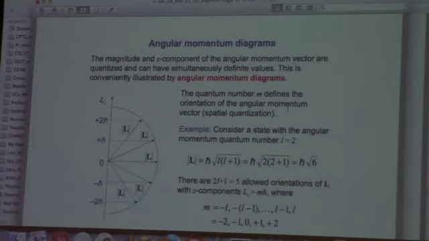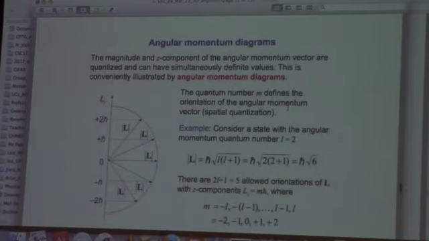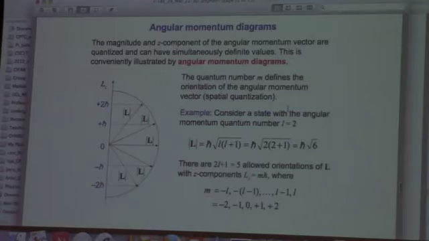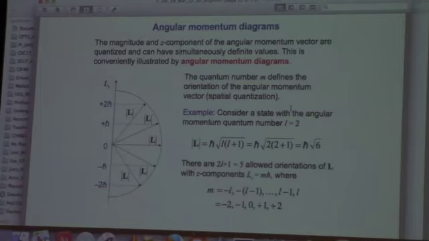And here again is the same kind of diagram as we saw before, that the length of the vector is always defined and the projection is always defined, and depending on the projection we can have such a distribution of vectors.